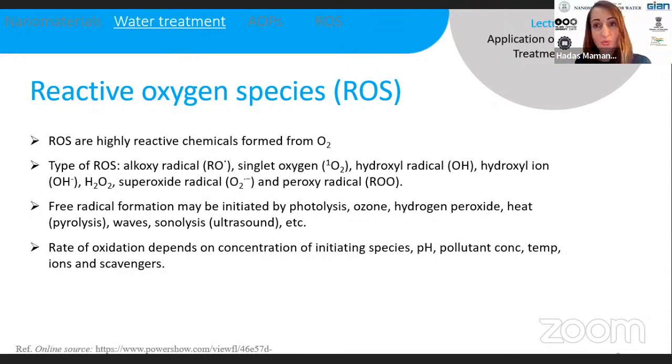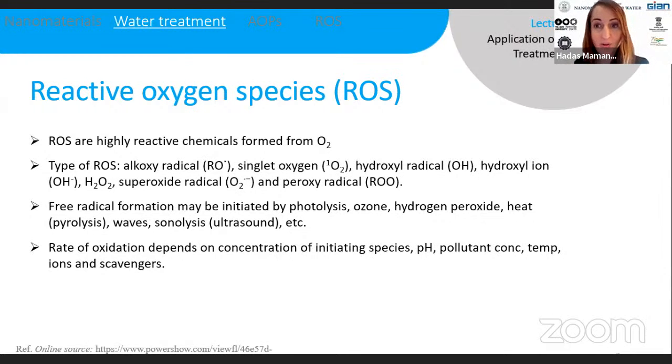Now, when these hydroxyl radicals are scavenged, they can undergo either initiation or termination. So they can actually initiate a chain reaction. For example, the hydroxyl radical can react with natural organic matter and form an organic radical. So this is initiation of more radical-based processes.